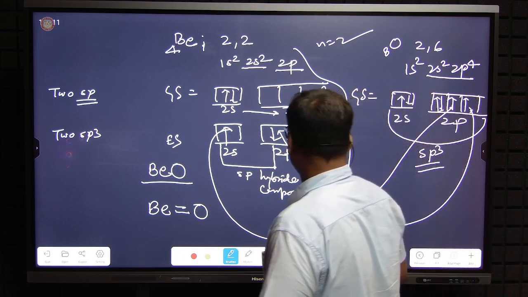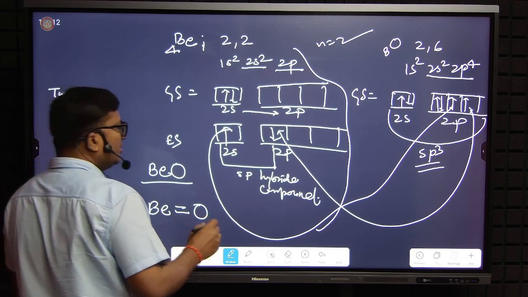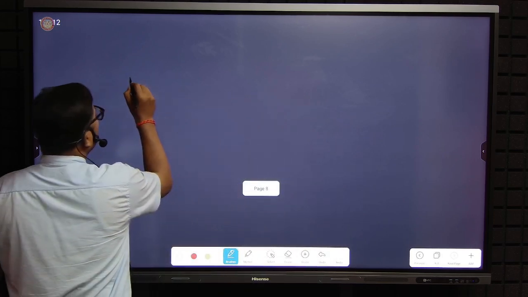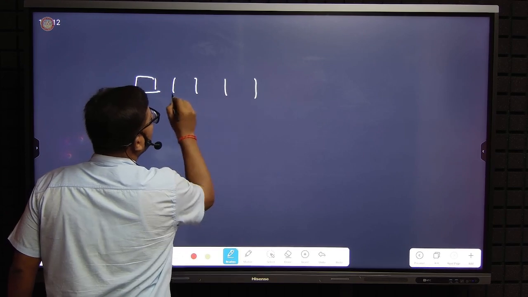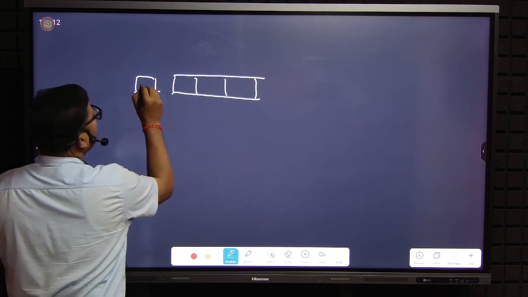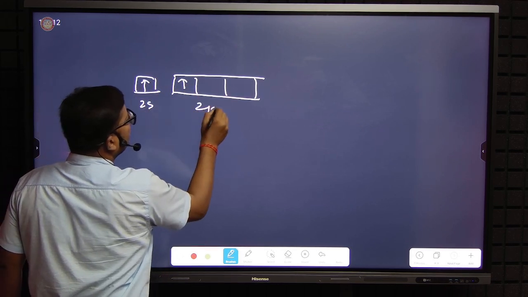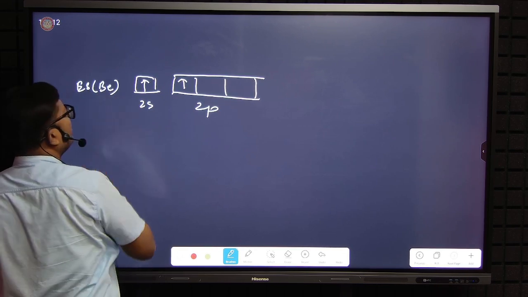Now in case of beryllium oxide, what happens? You look here, this is the excited state, one electron in 2s and one in 2p, the excited state of beryllium, right.